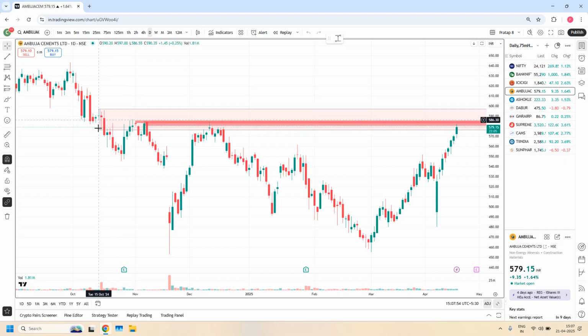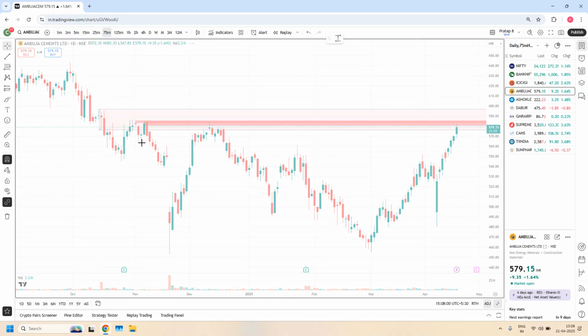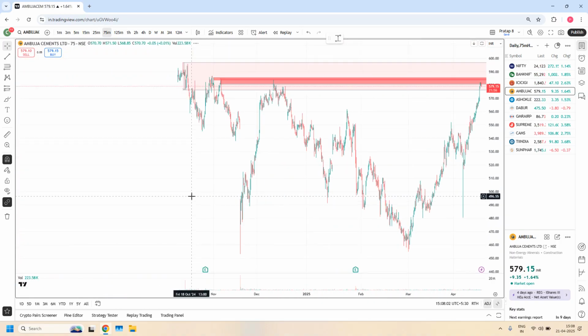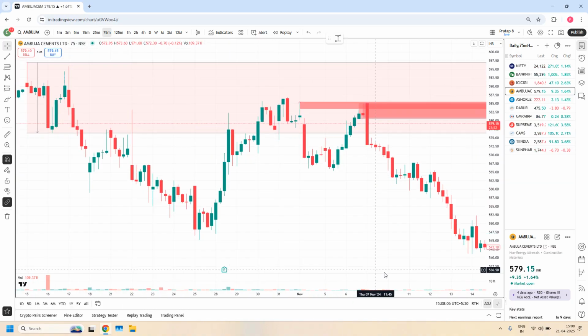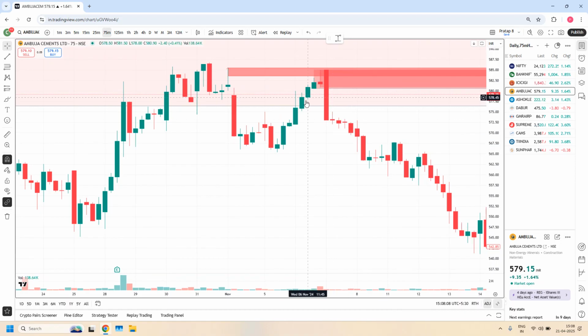And this is a daily zone. This daily zone is fine-tuned with the 75 minutes time frame. If you look into the 75 minutes time frame, here we have a rally, 2 base candles and a drop candle. This is the 75 minute zone.